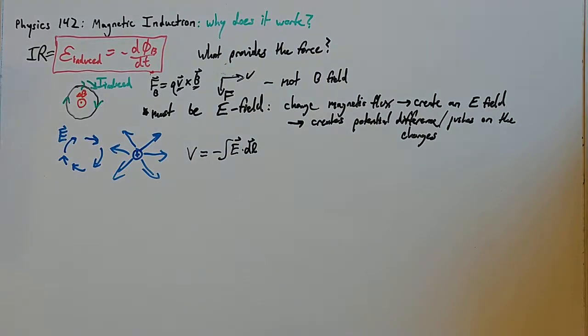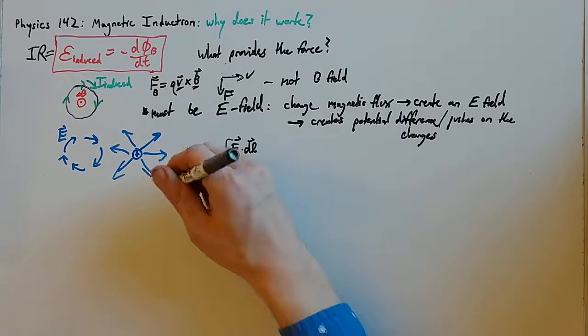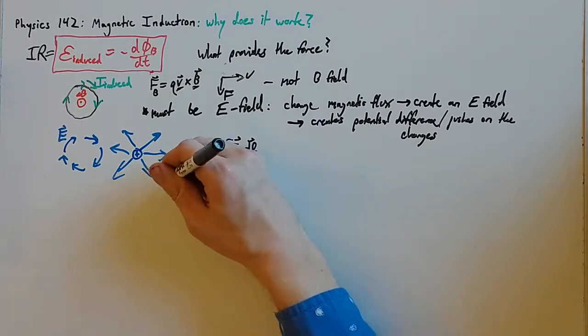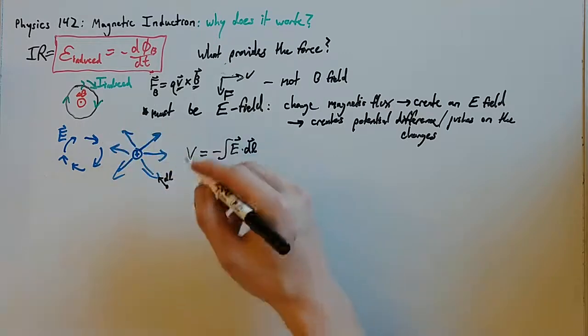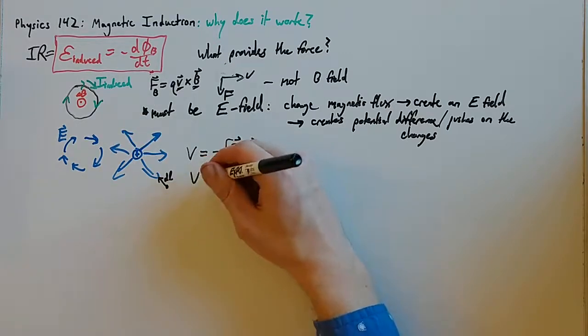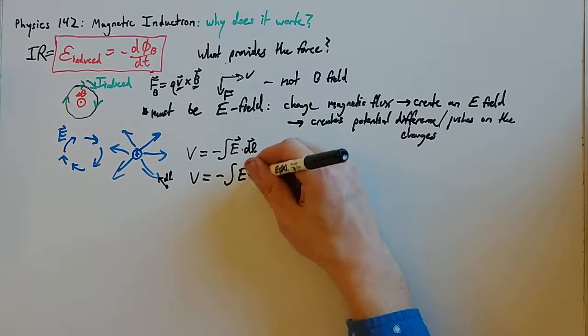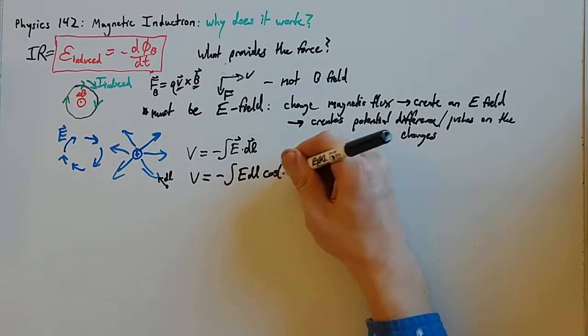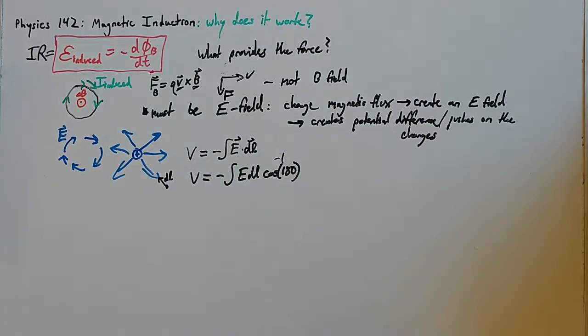And so what this says is that, let's imagine that we're down here and we start walking in little steps dl, sort of up the hill, right? Then what would happen to our potential? Well, our potential would be minus the integral of E dl times cosine of 180, which would be minus 1, which would cancel the minus sign.